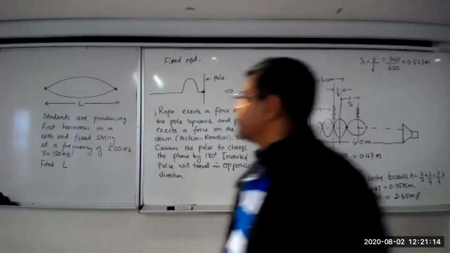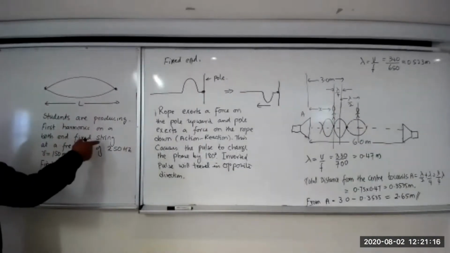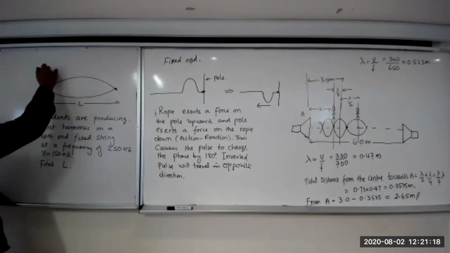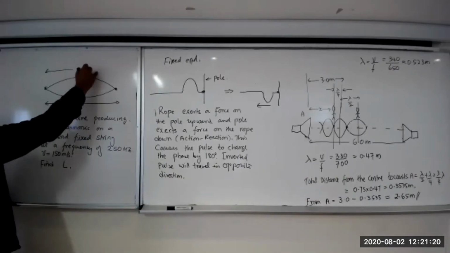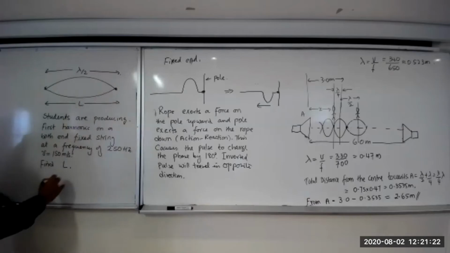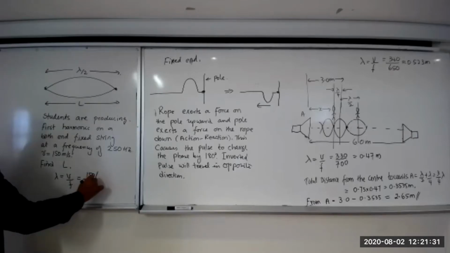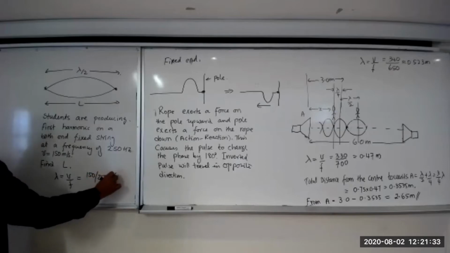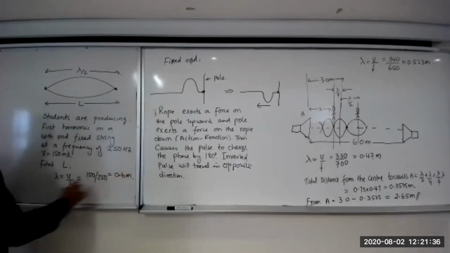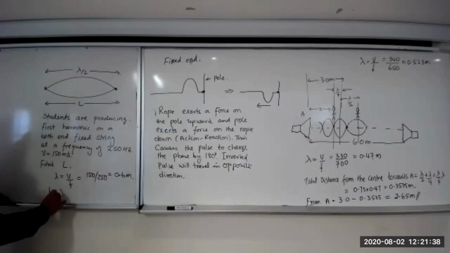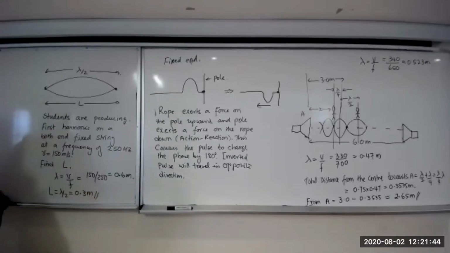Okay, so you can find the wavelength. This is half a wavelength. So your lambda is equal to 150 divided by 250, I think 0.6. And 3 meters.